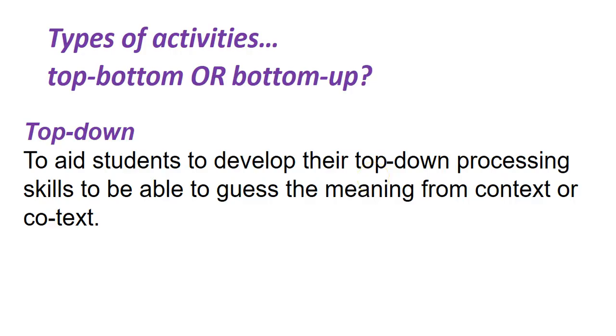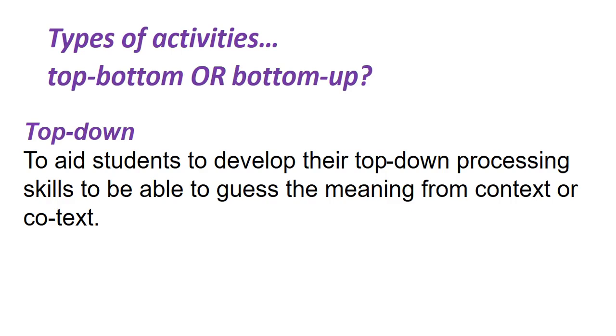Right. And what types of activity does top-down or bottom-up involve here? What are some of the examples? Let's start with the top-down. These types of activity help the students to develop their own processing skills to be able to guess the meaning from the context or co-text.